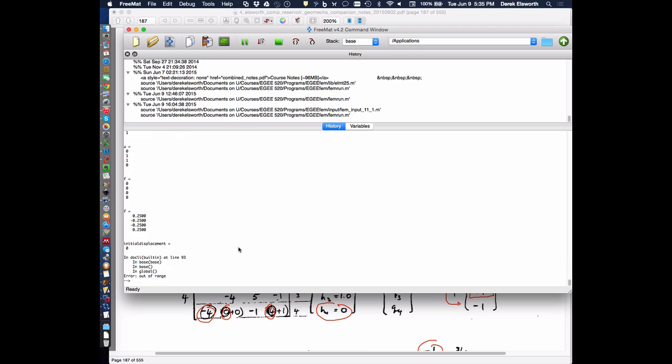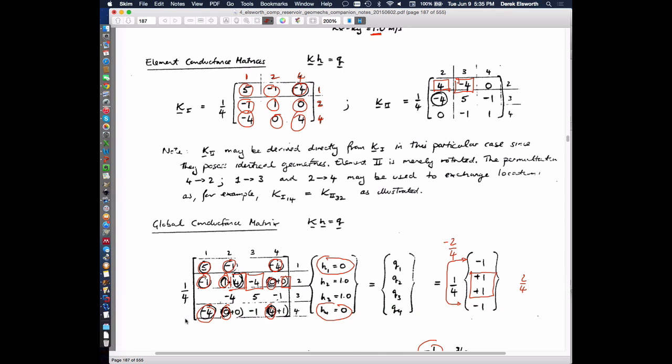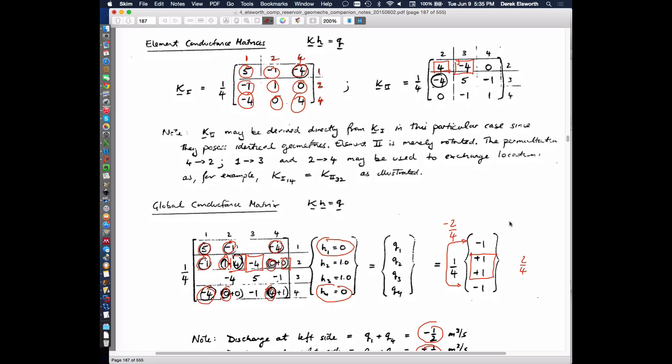And then when you do the solution, you end up with applying a head of 0 at nodes 1 and 4, heads of 1 at nodes 2 and 3. These are the fluxes that come out of it. Plus a quarter, minus a quarter, minus a quarter, plus a quarter. And those are exactly what this comes out to be.